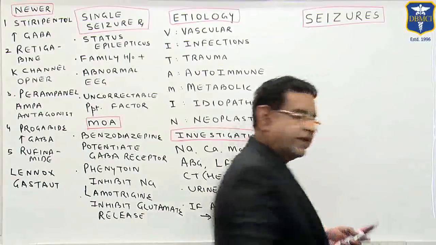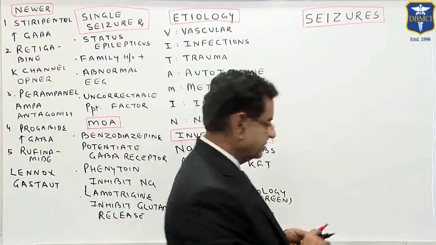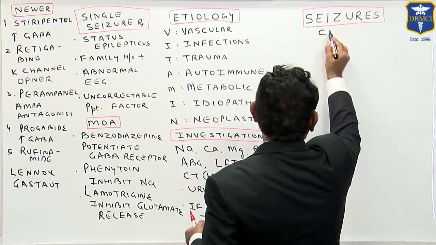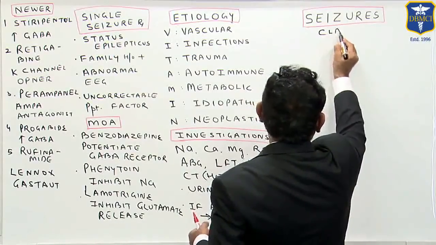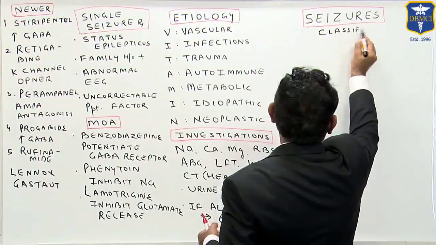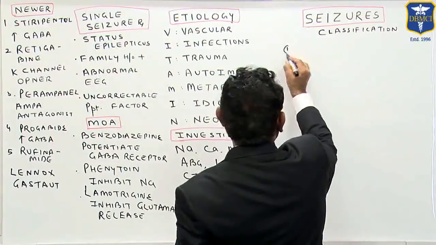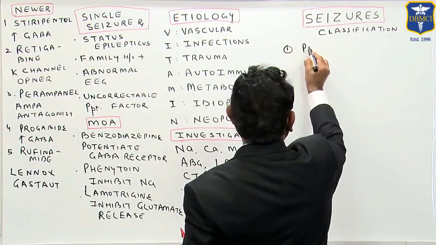How do we classify the seizures? First is the partial seizure.